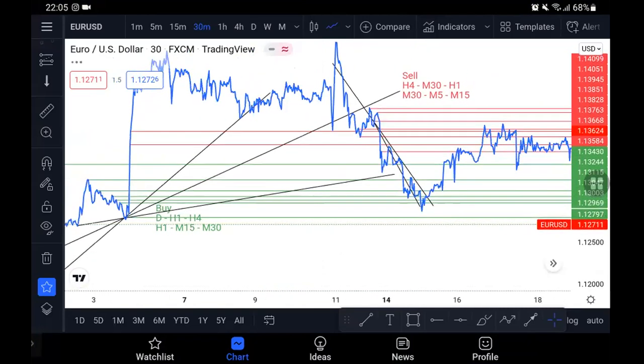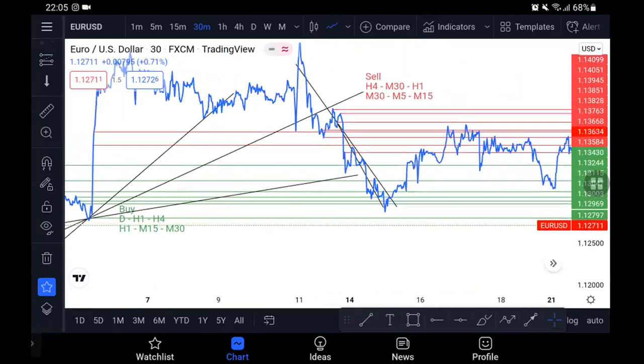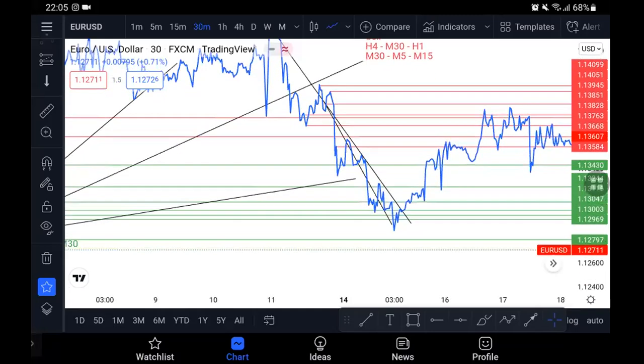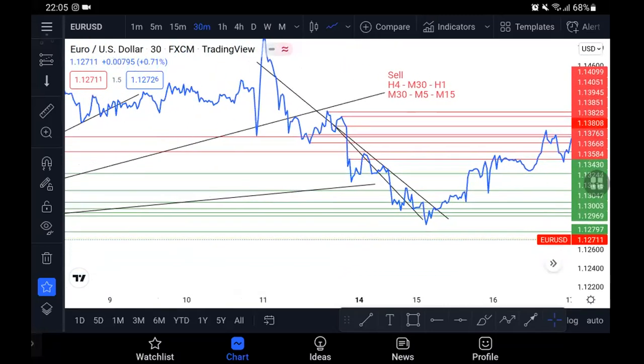Ada soalan ke? Tak ada soalan ke? Okey. Tak ada, kita tengok contoh dalam market.